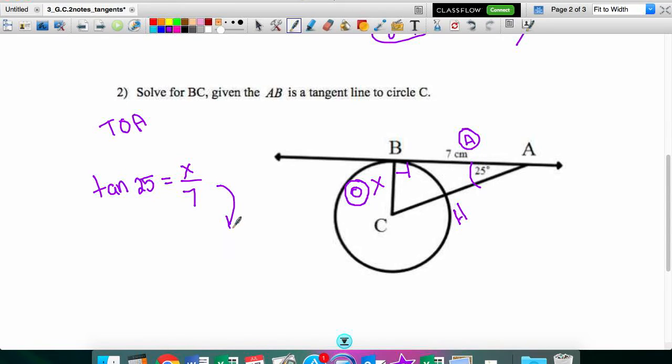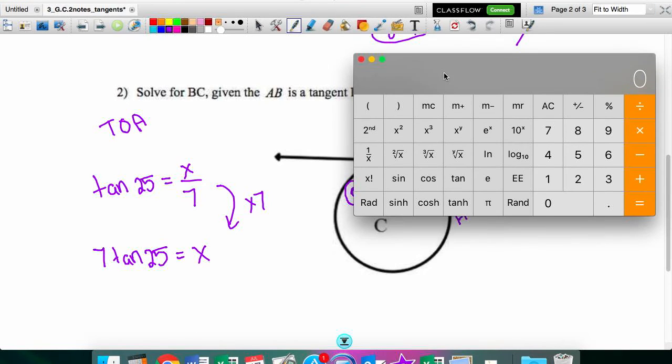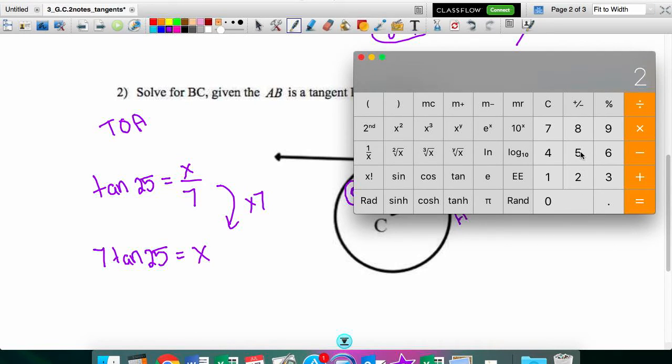Let's multiply by 7. In doing so, we get 7 tangent of 25, and that will be equal to x. Let's use my calculator here and type in 25.